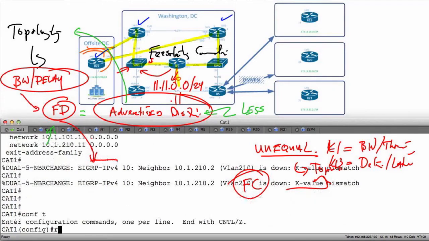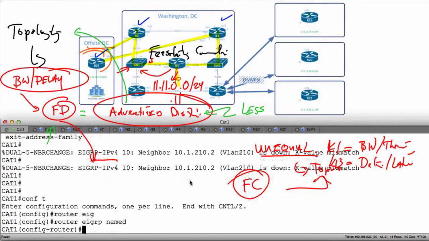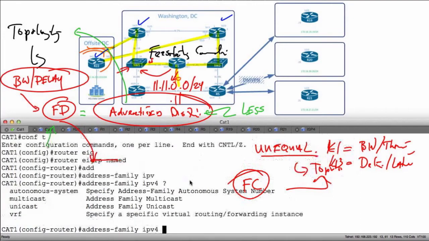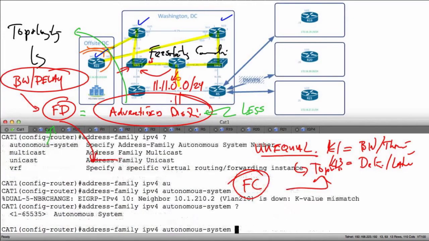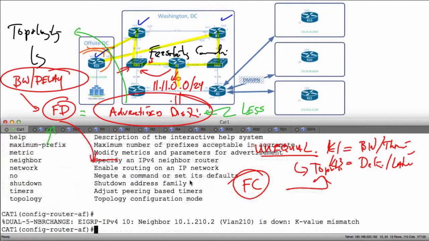Let's say config T, router EIGRP named, address family IPv4, autonomous system 10. Now inside here, notice I have the metric value here.